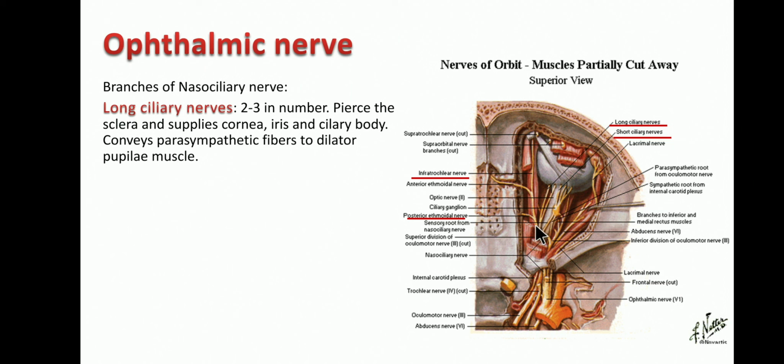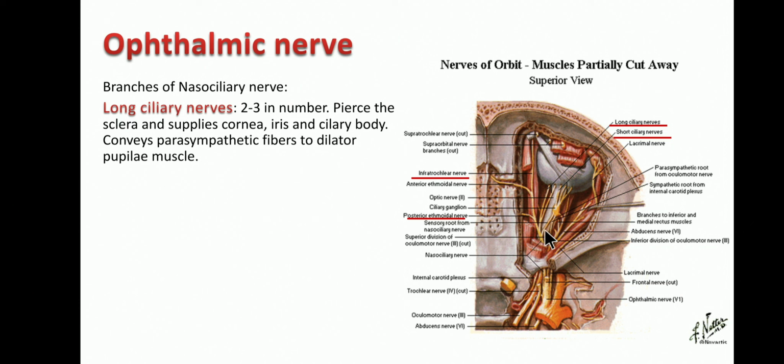Apart from the short ciliary nerves, some fibers also travel via the long ciliary nerves to the dilator pupillae muscle, which receives sympathetic fibers.